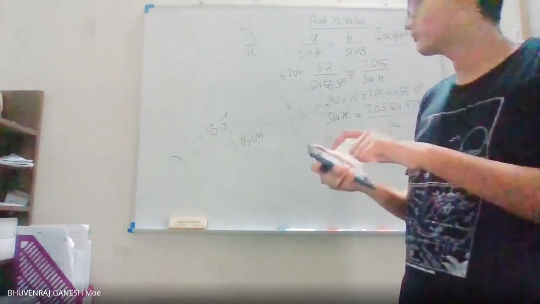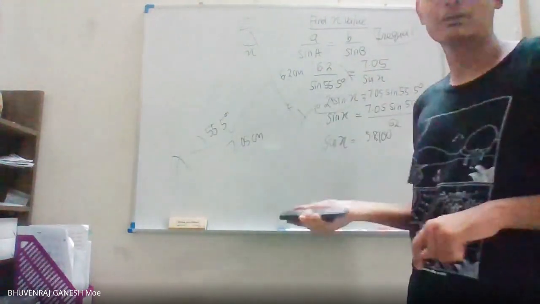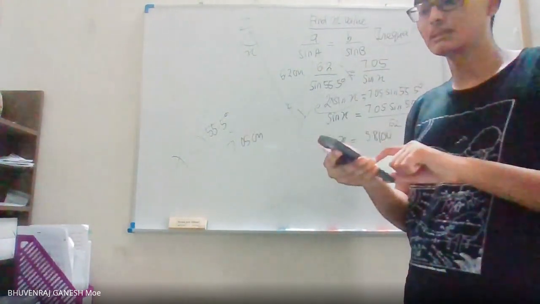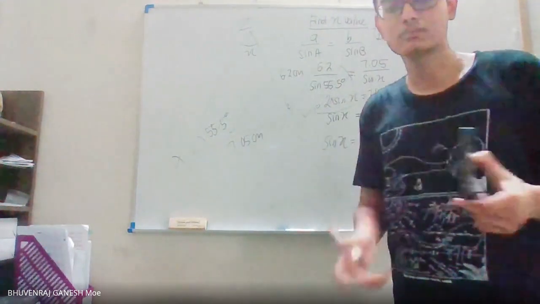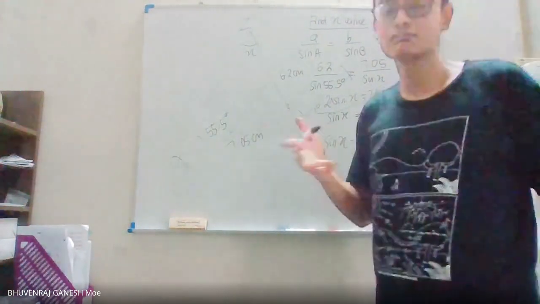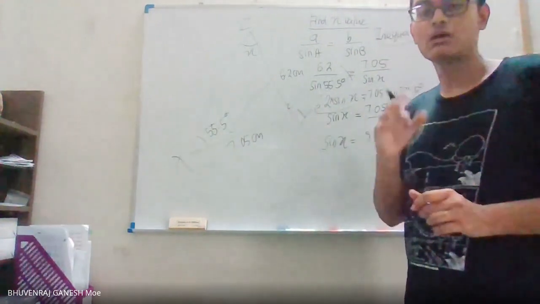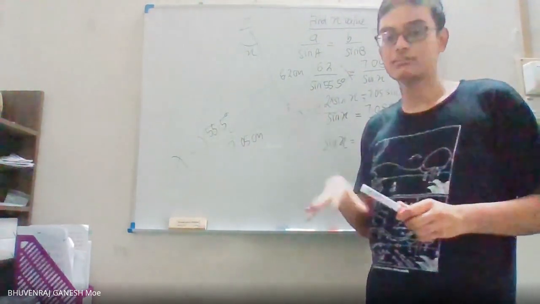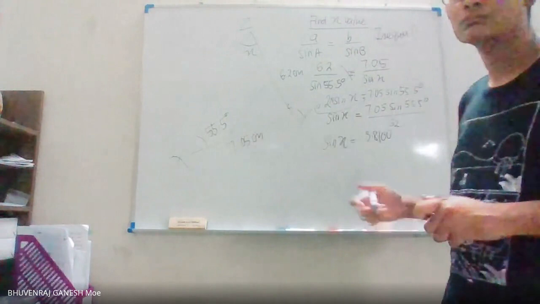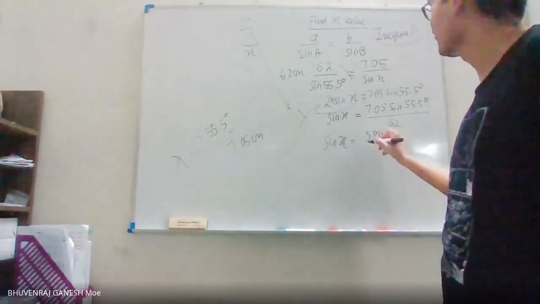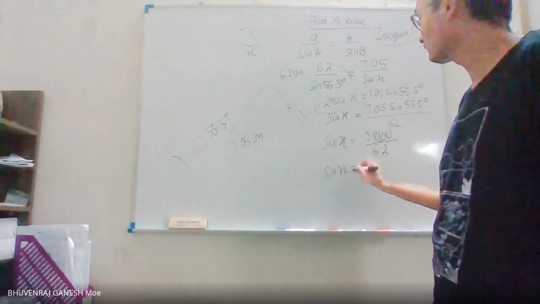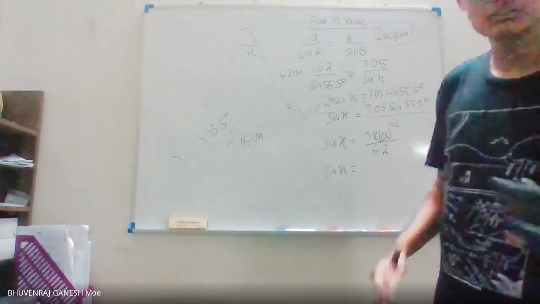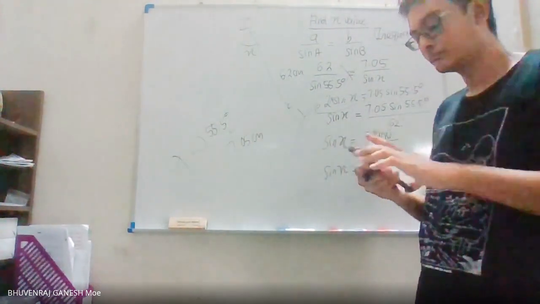You get the value, then you divide it directly by 6.2 so that you get the most accurate answer, because there are a lot of decimals. If you round off earlier, the answer will vary a lot from the actual one. So that's calculator skills. When you take 5.8100 divided by 6.2, you get this.